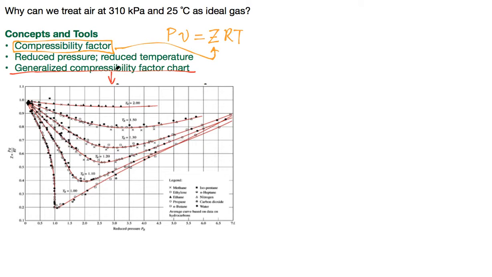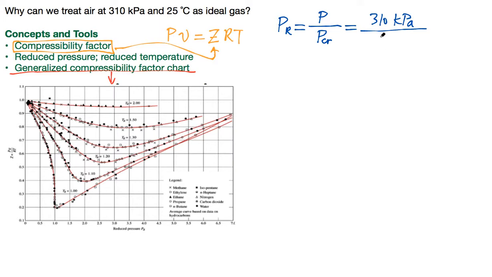And reduced pressure P sub R is defined as the pressure of the system divided by the critical pressure of the pure substance that forms the system. Here we have a pressure of 310 kilopascal. And we can find the so-called critical pressure for air. If we see air as a pure substance, it is actually an average critical pressure for the gas constituents that form the air mixture.